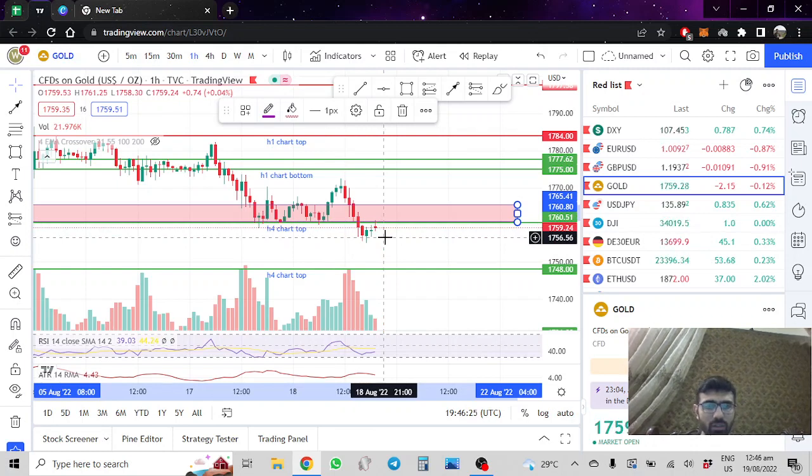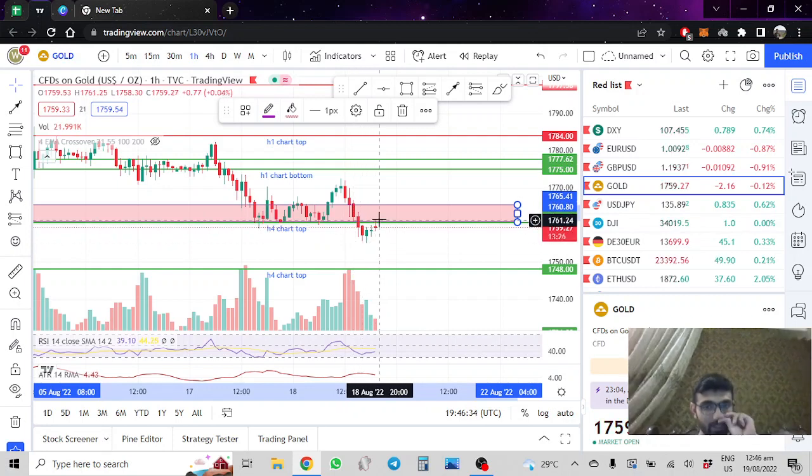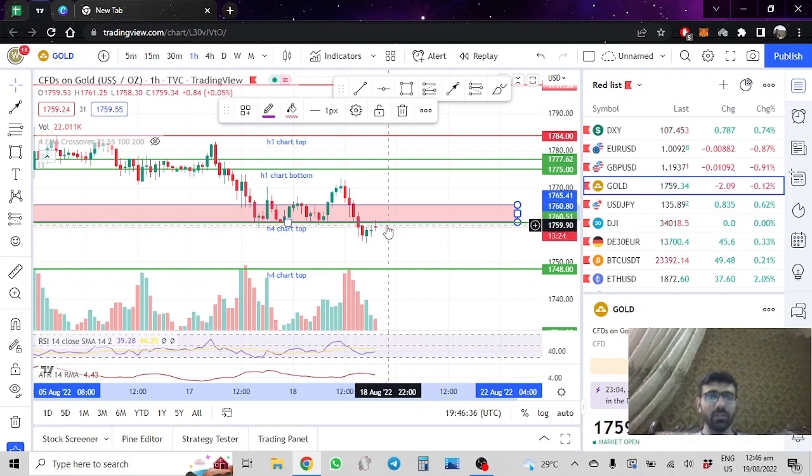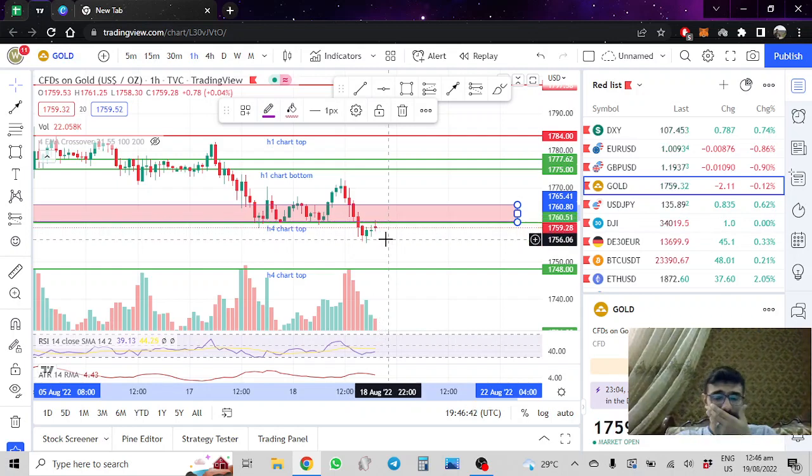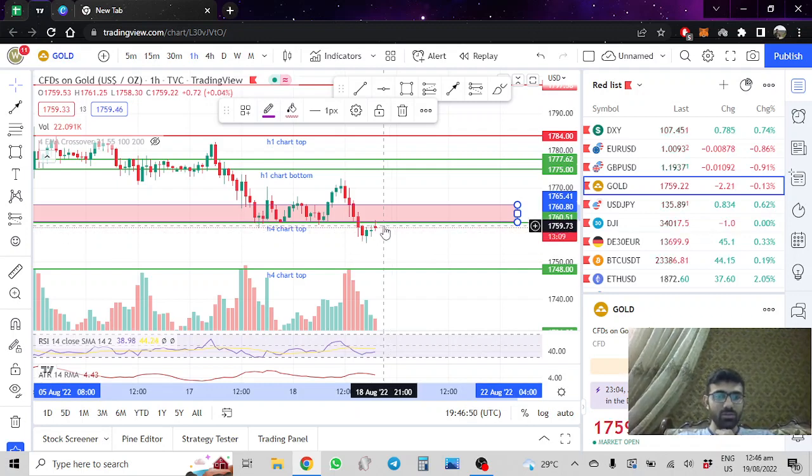What I am looking at is that gold has made a low over here and gold is testing its recent resistance. If this area is respected and gold closes a selling candle, then we can go short over here.